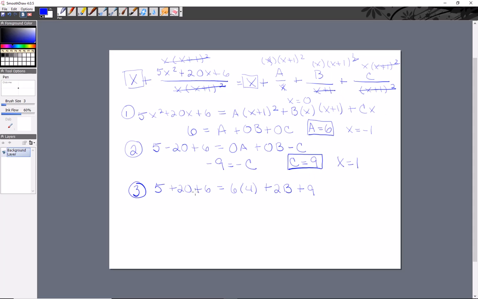This adds up to 11 plus 20 is 31. This is 24 plus 9 is 33, plus 2B. So subtract: -2 equals 2B, or B equals -1. I think we've got everything we need.